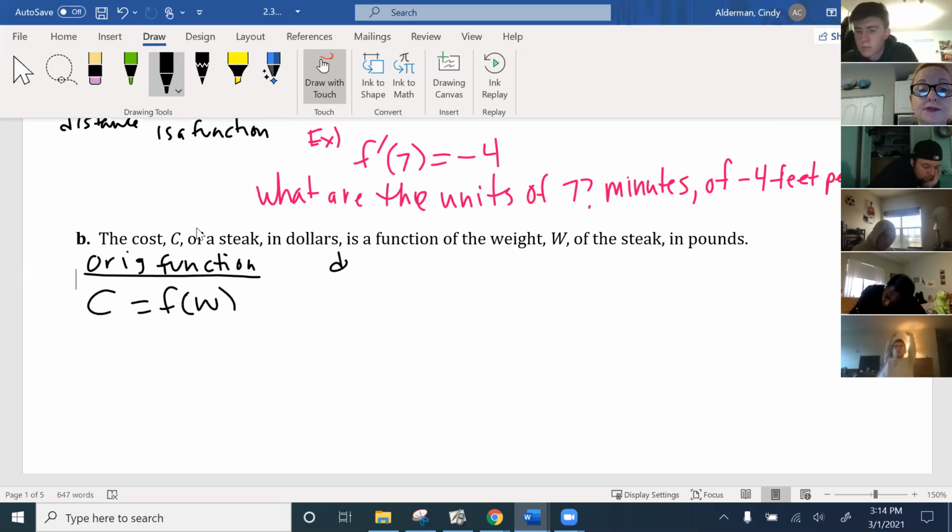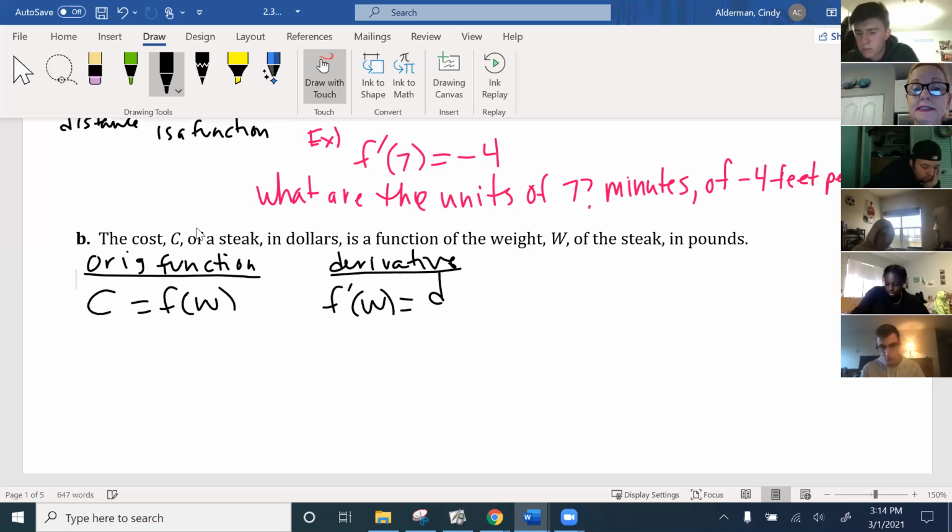So now if we want to write the derivative, that would be f prime of w, right? In Leibniz notation, it would be d over dw. And since this is a cost function, that's going on top. So the unit of measure for cost is dollars. The unit of measure for weight is pounds.